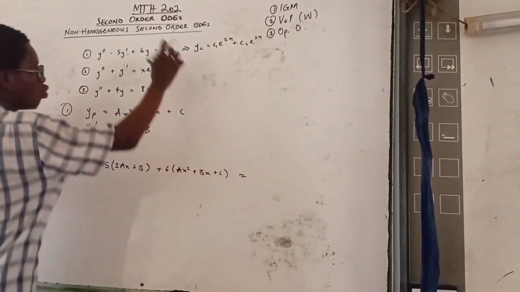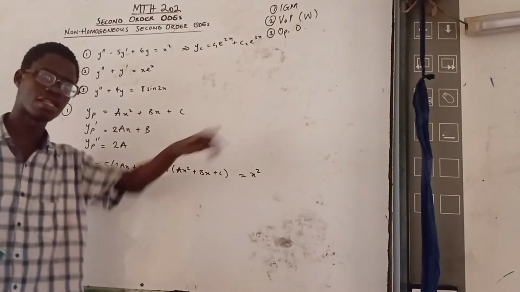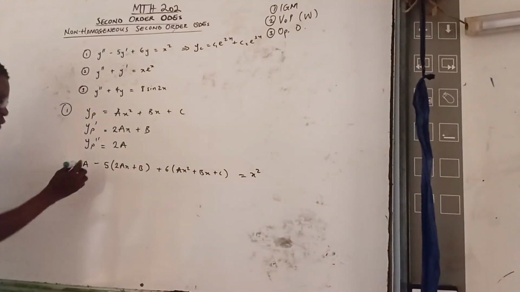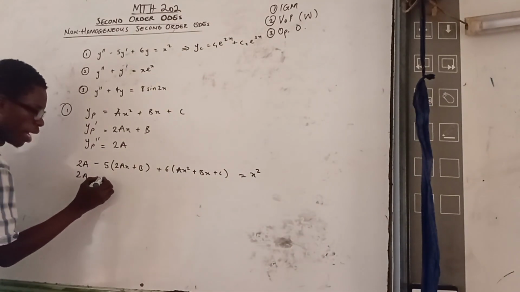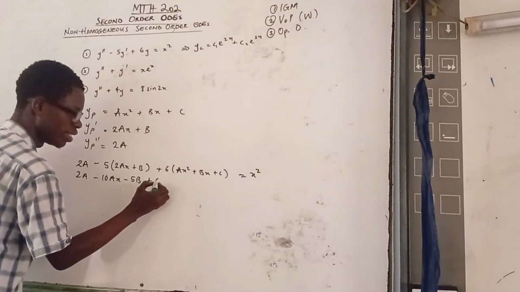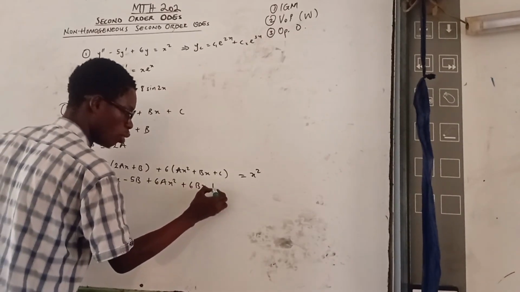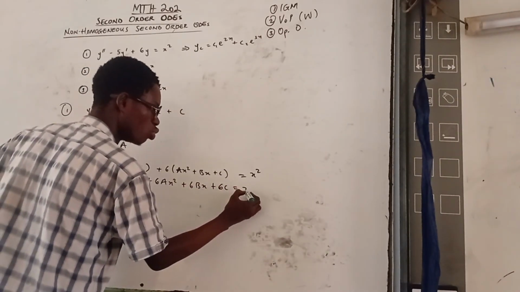Now everything is equal to what? Equal to x squared. We are going to include our x squared right now. So opening this bracket, we have 2a minus 10ax minus 5b plus 6ax squared plus 6bx plus 6c equals x squared.